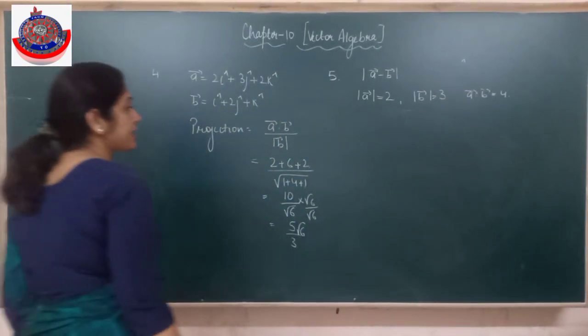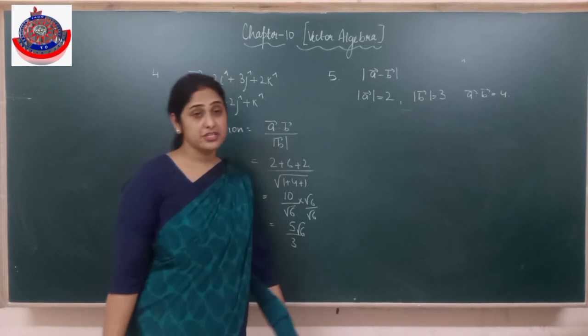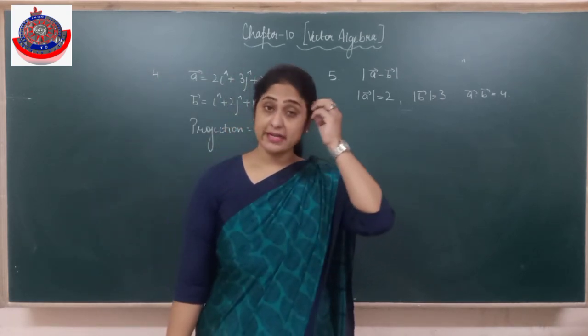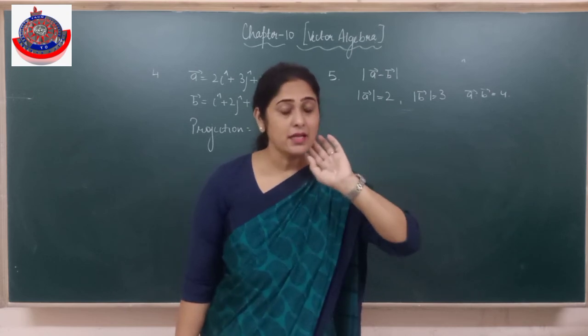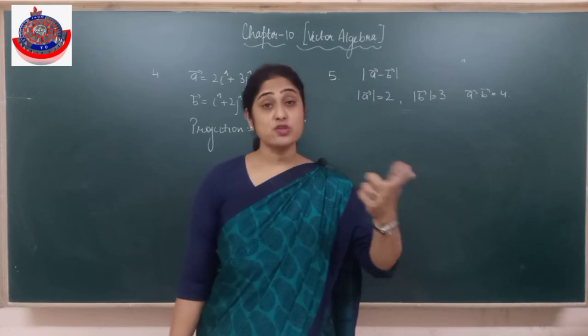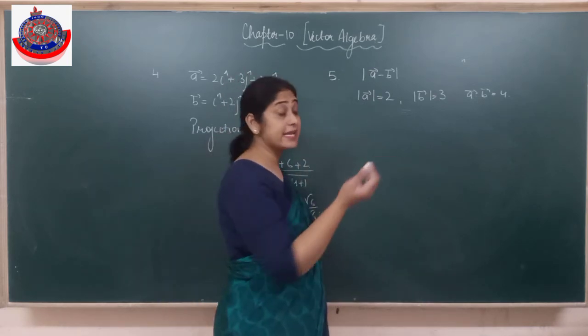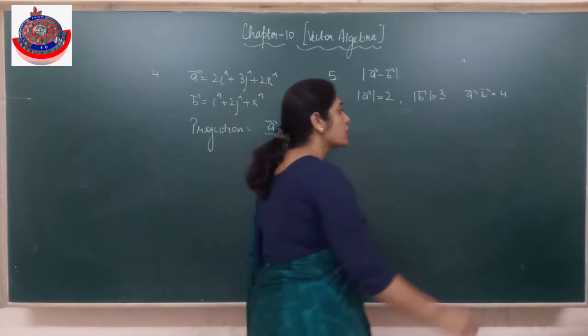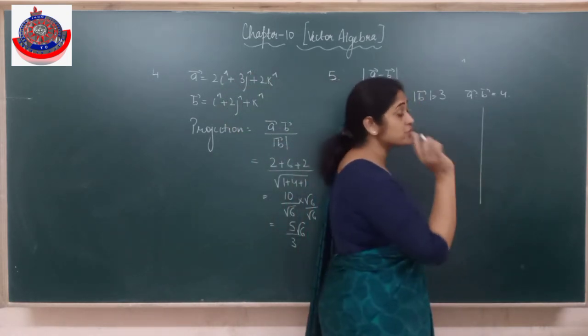I have to find the magnitude of A minus B when these three conditions are given. Always remember, whenever they ask you to find the magnitude of a vector, I don't have A minus B here. Until I have A minus B, the magnitude formula, under root x square plus y square plus z square, cannot be applied. A minus B cannot be found because A and B are not given separately, only their magnitudes are given. So what property do we have to apply when the magnitudes are given?